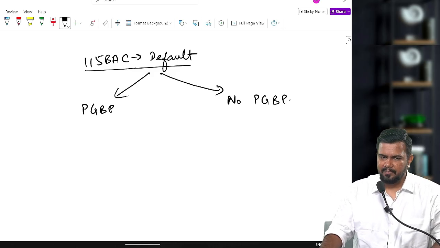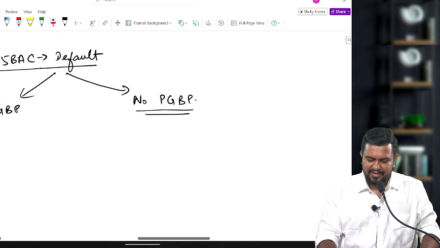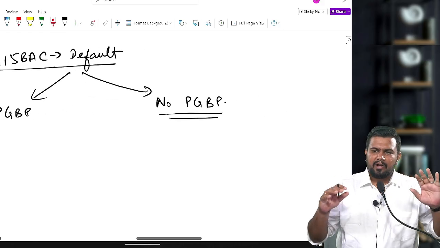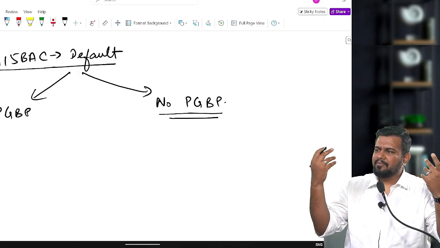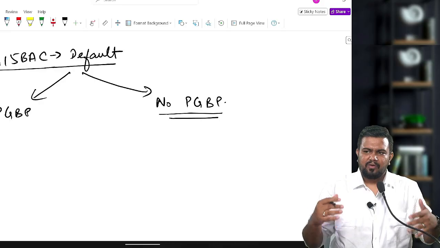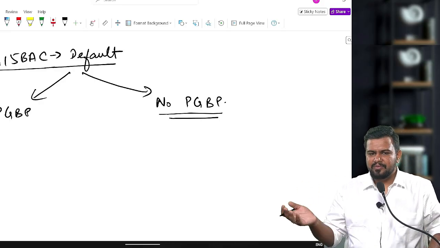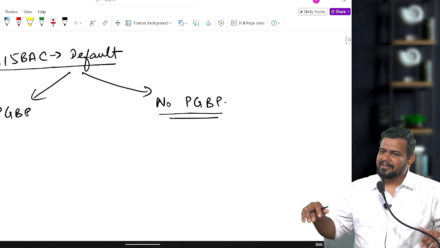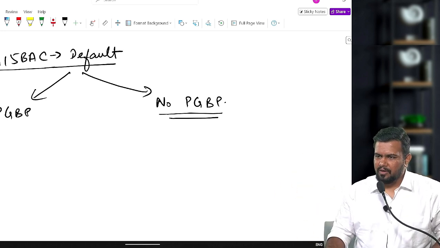If business and profession income is not there, then very simple. You can opt out to the old regime and come back to the new regime year after year, any number of times you want. This year I feel the old scheme is beneficial, so I'll take the old scheme. Next year I feel the default regime is more beneficial, so I'll take the default regime. Then again next year I will have the option to choose. There is no limit for the options.